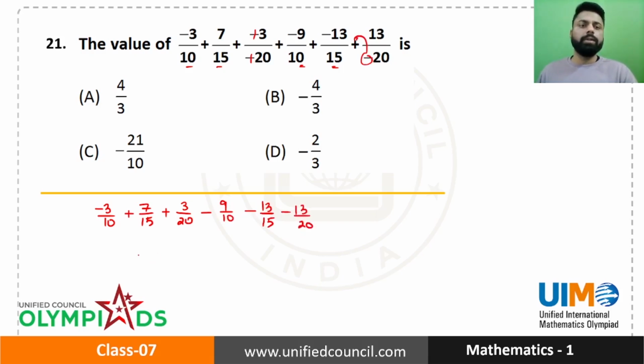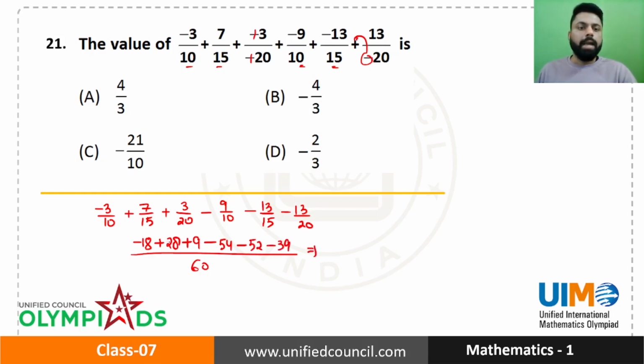So the LCM is going to be 60 itself. So for this we need to multiply it by 6. So minus 18, 7 into 4, 28, 3 into 3, 9, 9 into 6, 54, 13 into 4, 52, 13 into 3, 39.